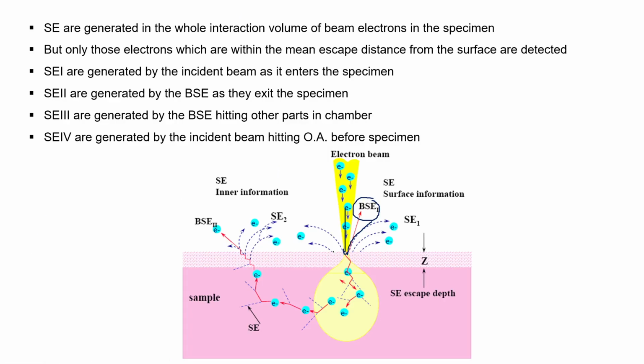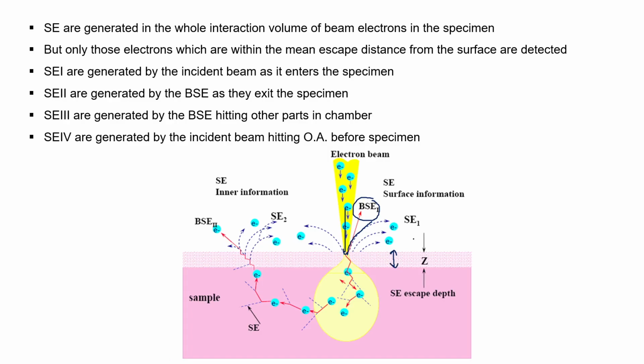But the secondary electrons will be generated in all of the interaction volume. The second statement says they are generated in the whole interaction volume, but only those secondary electrons within this Z, this light pink region, are detected.